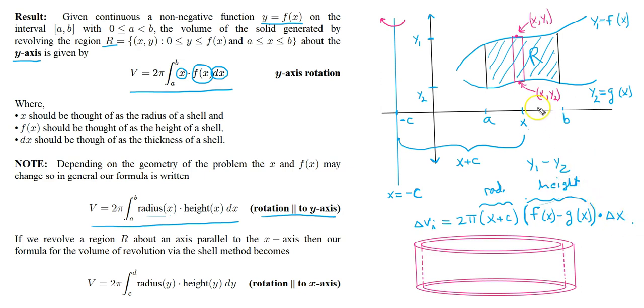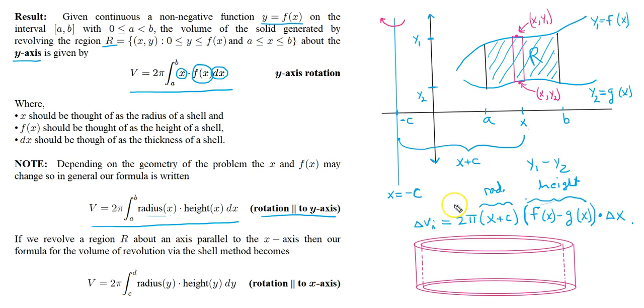And then the thickness of the shell is this distance right here, which we denote as delta x. And so here's the volume of the shell generated by rotating this rectangle around the line x equals negative c. 2 pi times x plus c times f of x minus g of x times delta x.